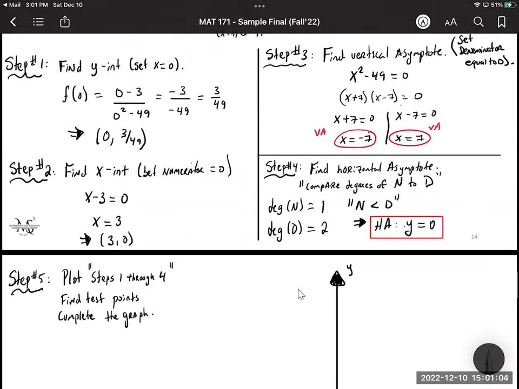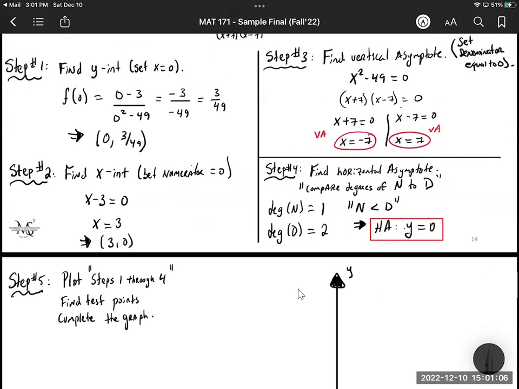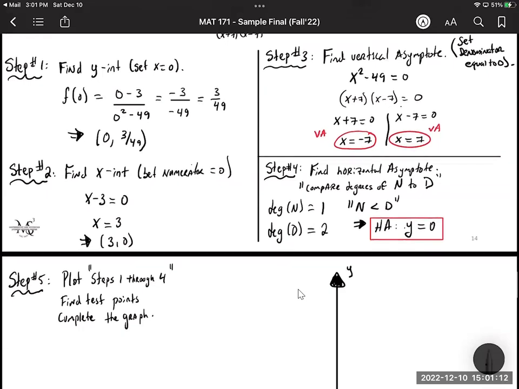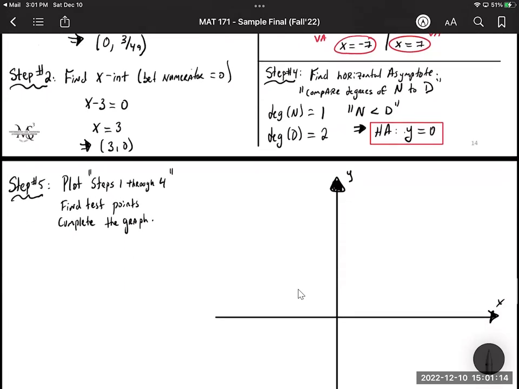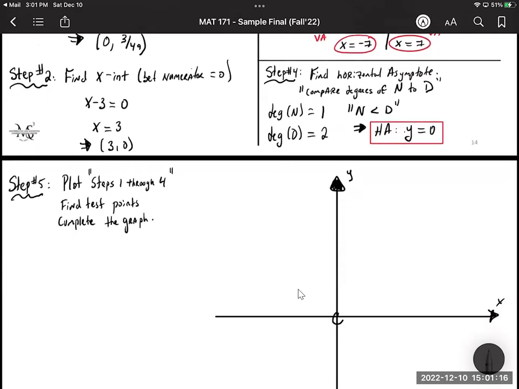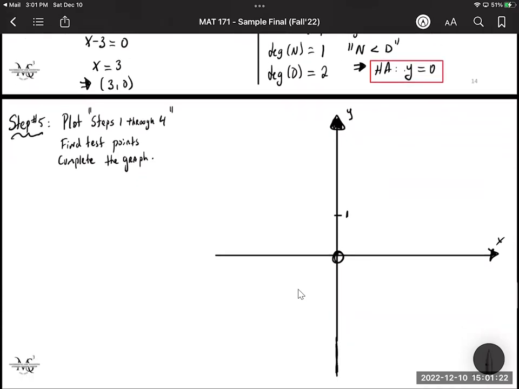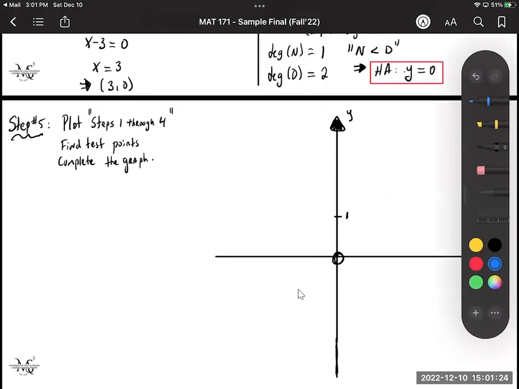So we've got to plot our y-intercept. Our y-intercept is (0, 3/49). That point is close to the origin, right? So if this is my origin here, and this is 1, then our y-intercept should be really close to 0. That would be the point shown in blue.